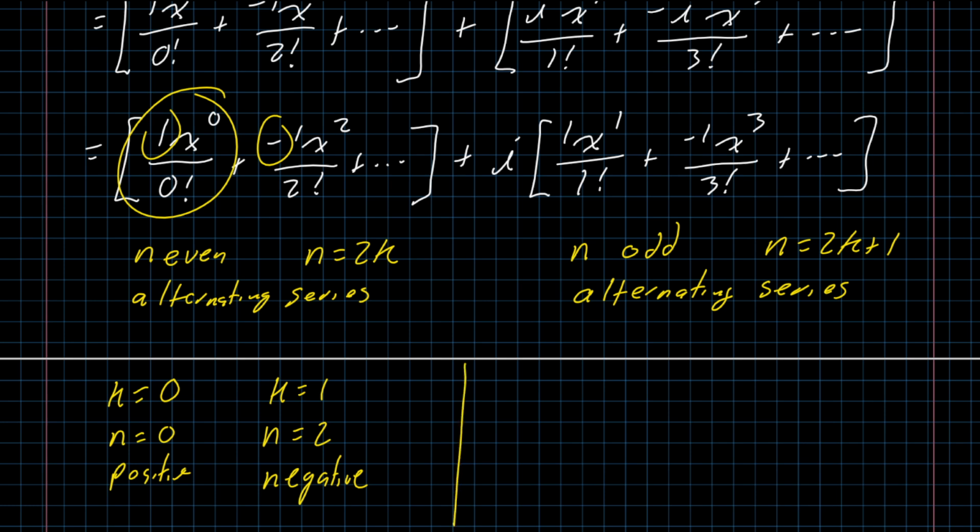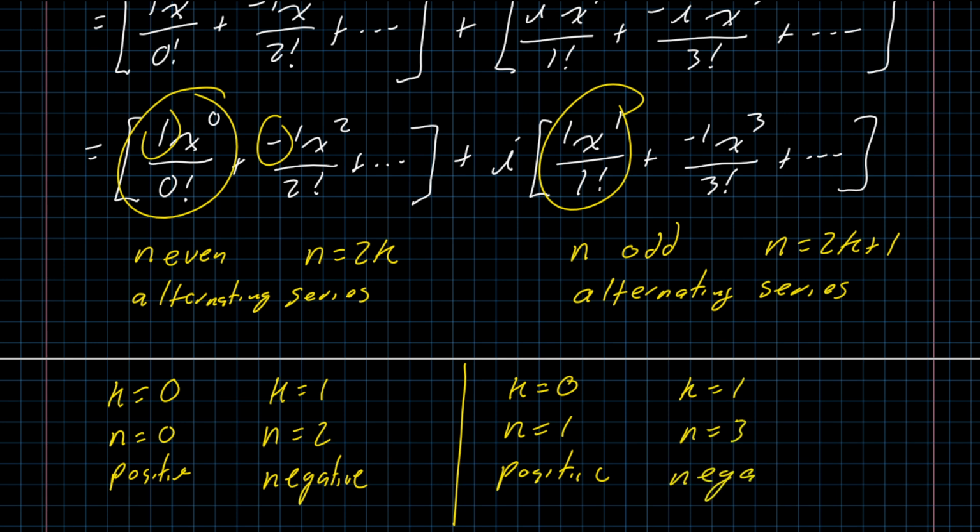And then for the imaginary part, when k equals 0, we get that n is equal to 1, which comes out as positive here. When k equals 1, 2 times 1 plus 1 is 3, and we should have a negative value for that.